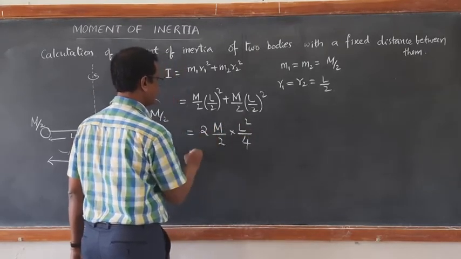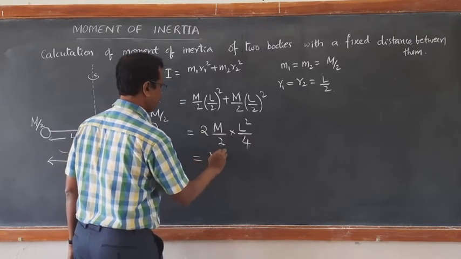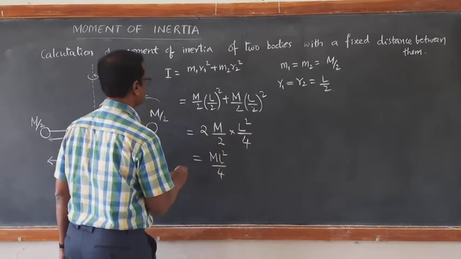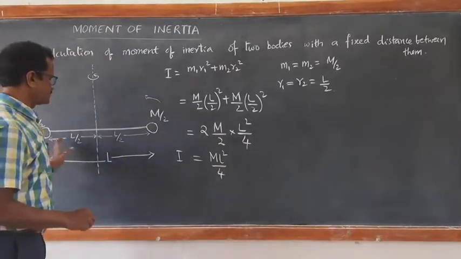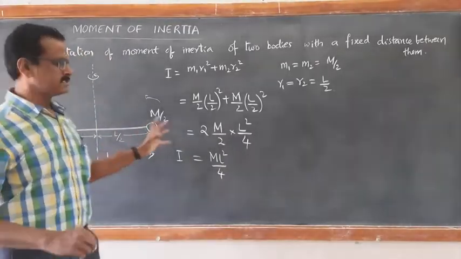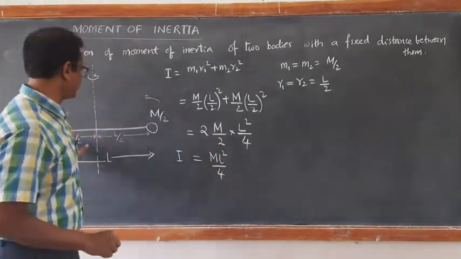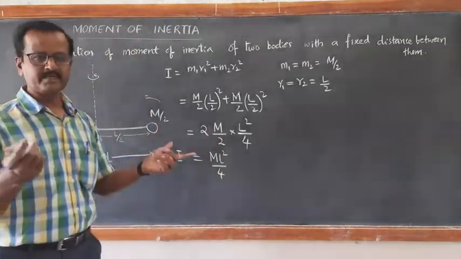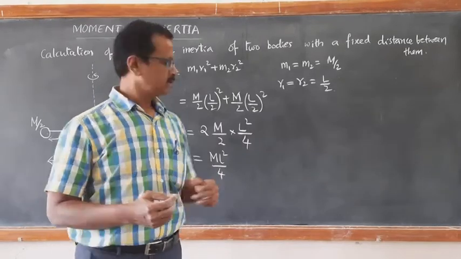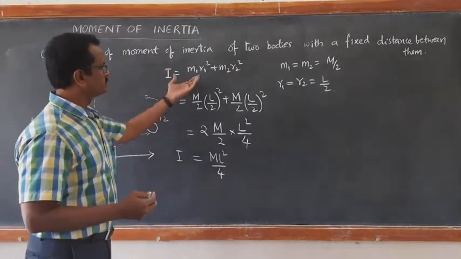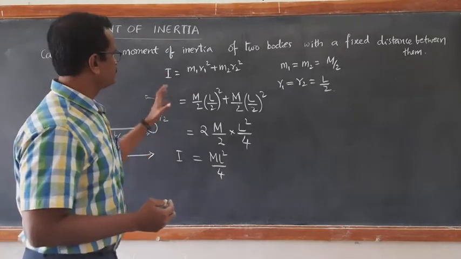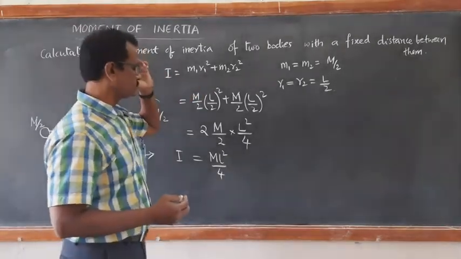So 2 cancels, and you are left with m L square by 4. So this becomes the moment of inertia of a system of two bodies such that together the mass is m and the distance between them is L. So this is how one can find the moment of inertia using the simple formula m1 r1 square plus m2 r2 square.